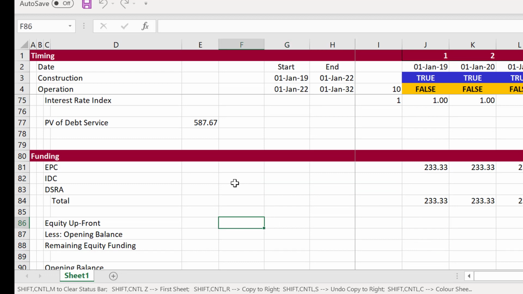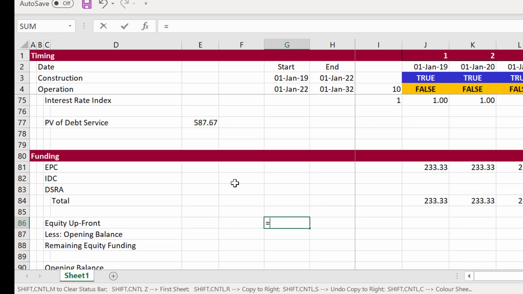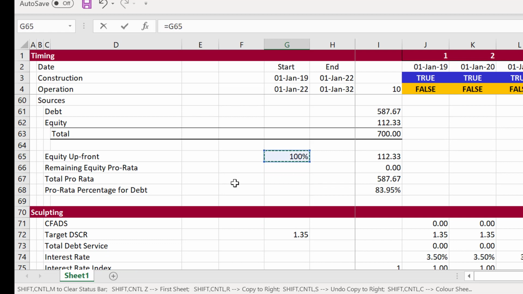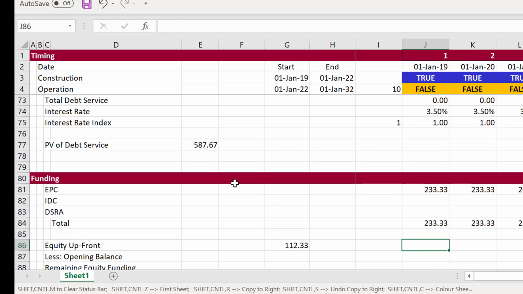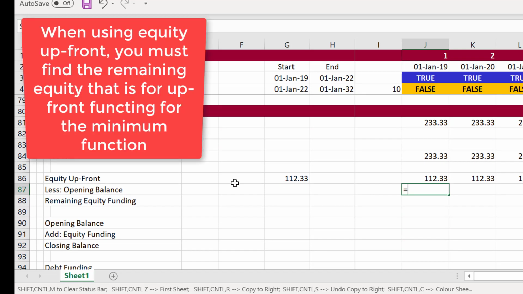Now the equity up front is this amount, which we've already put in our little analysis. I think it was key to do that, and we press the F4 button and keep track of that. Then we're going to have an opening balance of the equity, which will accumulate the amount we've already taken, and our remaining amount to fund with equity is this amount.